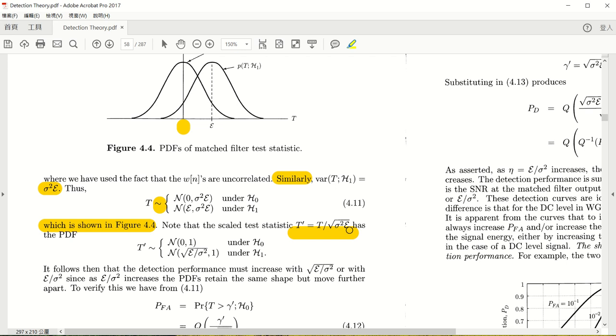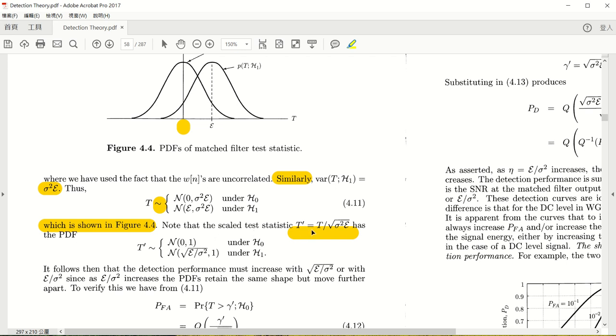So if you go back to page 95 and review the signal model, sigma square is assumed to be known, and S is assumed to be known. So the epsilon, which is the signal energy, is assumed to be known. So when we are doing this change of variable, everything is assumed known. So we can do this T divided by this square root of sigma square epsilon as T prime. It's a new notation. Then it has the PDF like this.